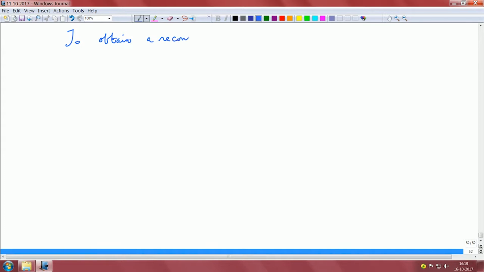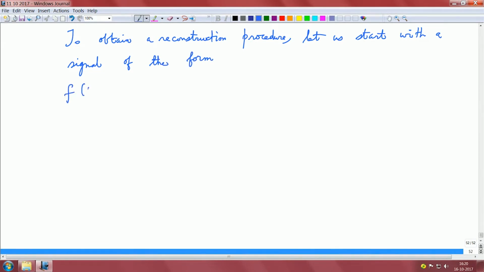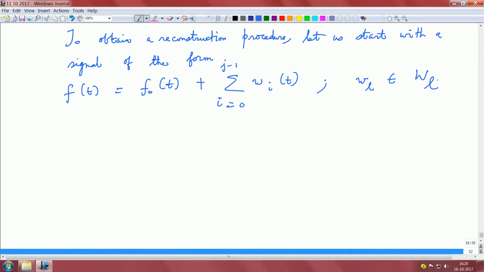To obtain a reconstruction procedure, let us start with a signal of the form f of t is f naught of t plus summation l equals 0 to j minus 1 w l of t, where some w l belongs to the space capital W L. Now, here f naught of t is basically summation k belonging to the set of integers, I will use a different subscript here.